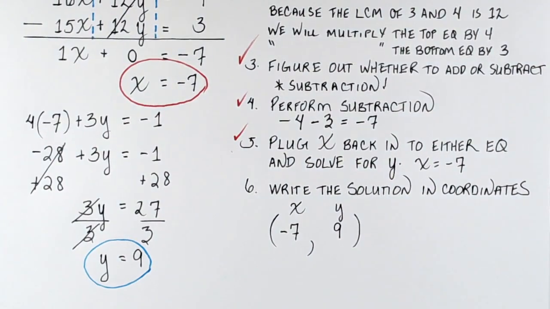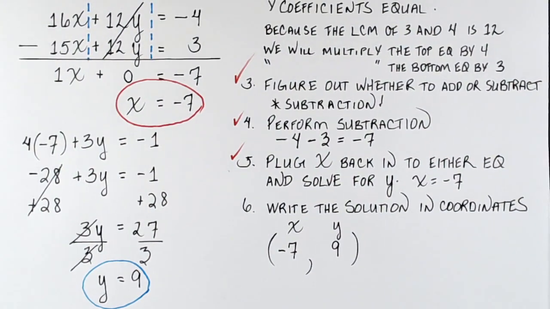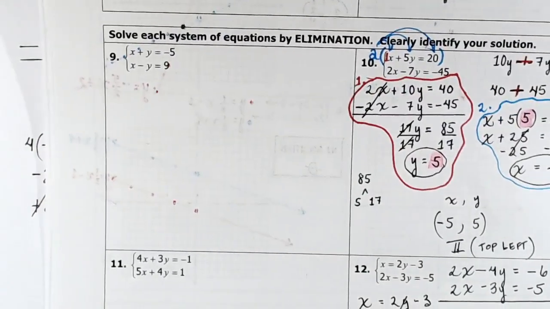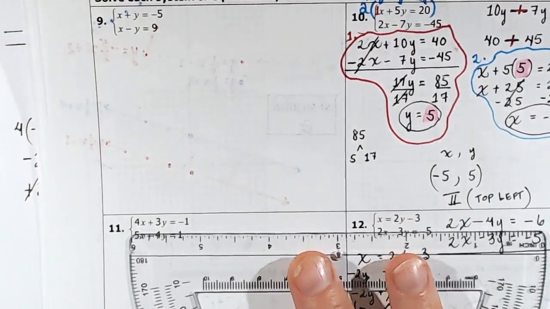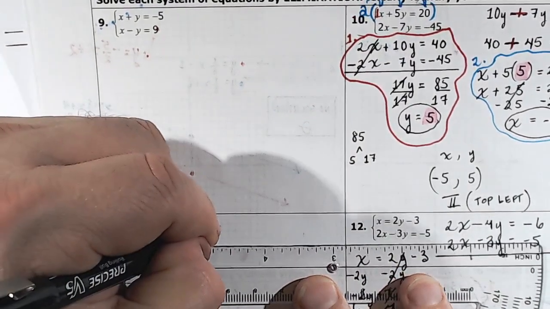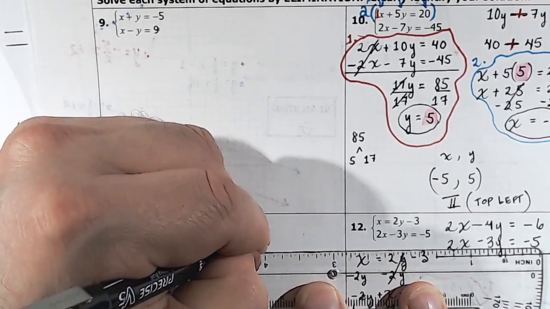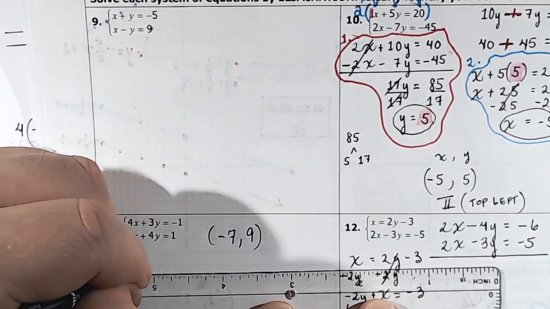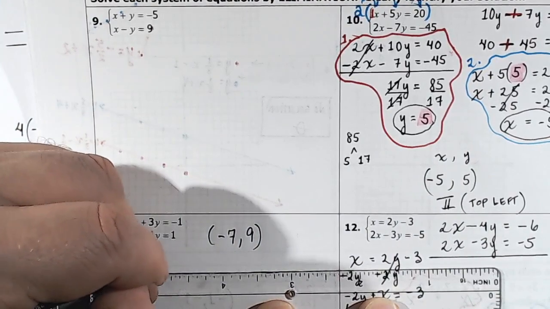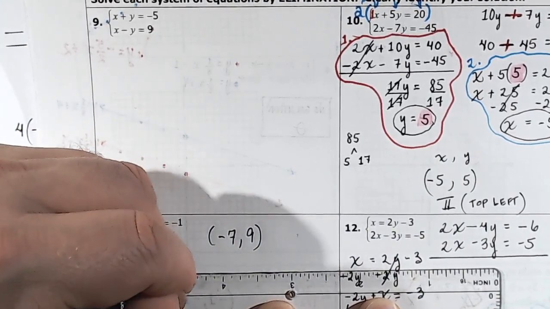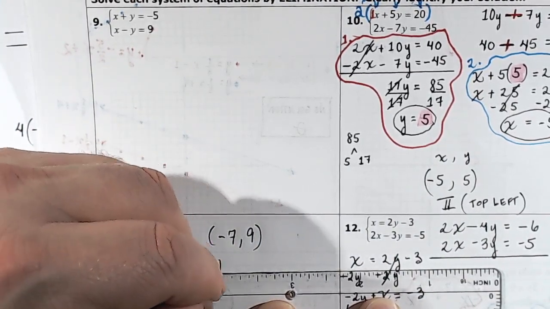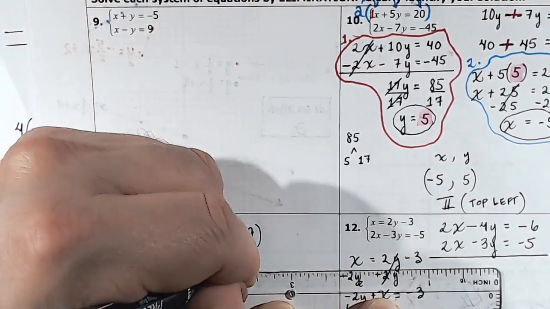All right, you're done, right? So now you just have to go back to your paper, and since we did all of our scratch work on another paper, we'll just put the answer here, negative 7, comma 9, and then we'll put in here C attached work.